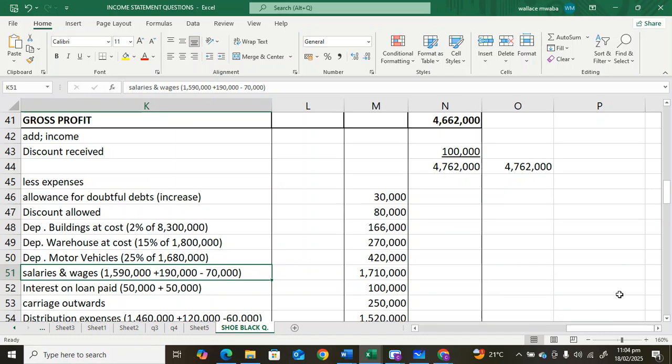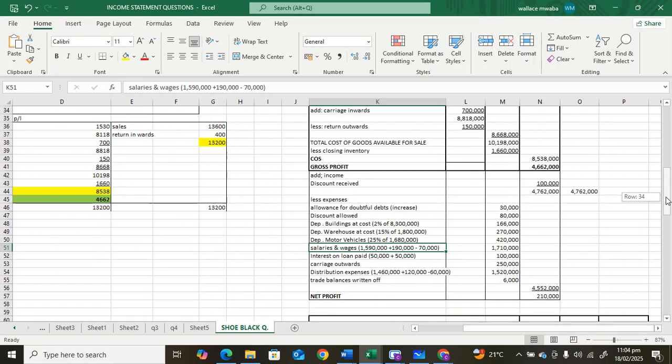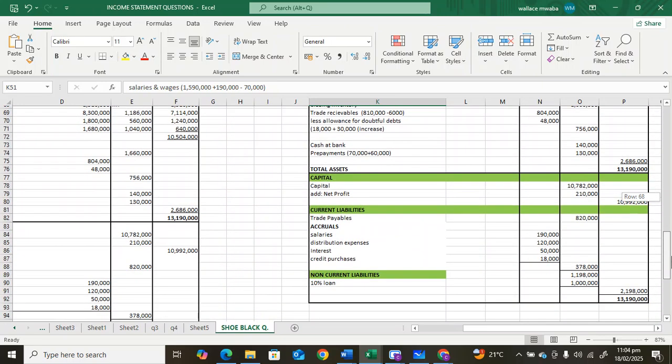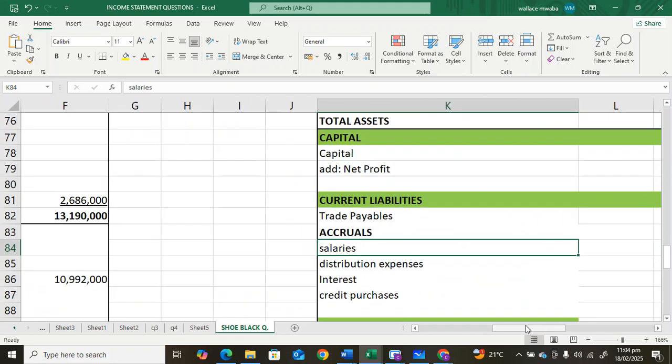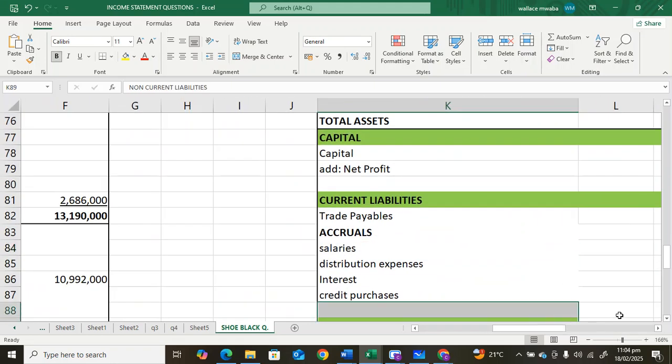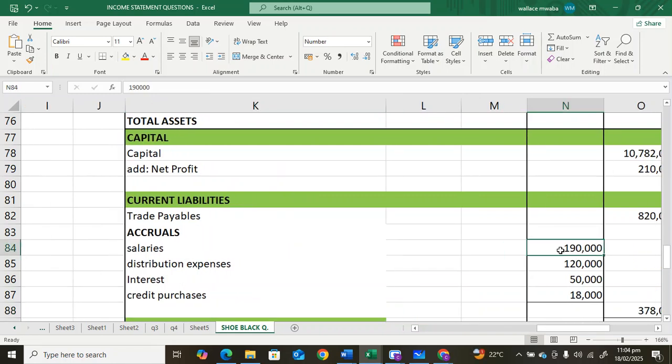Then on the balance sheet, under current liabilities, here's the same value, accrued salaries and wages, include it as a current liability. Are we okay with that point?